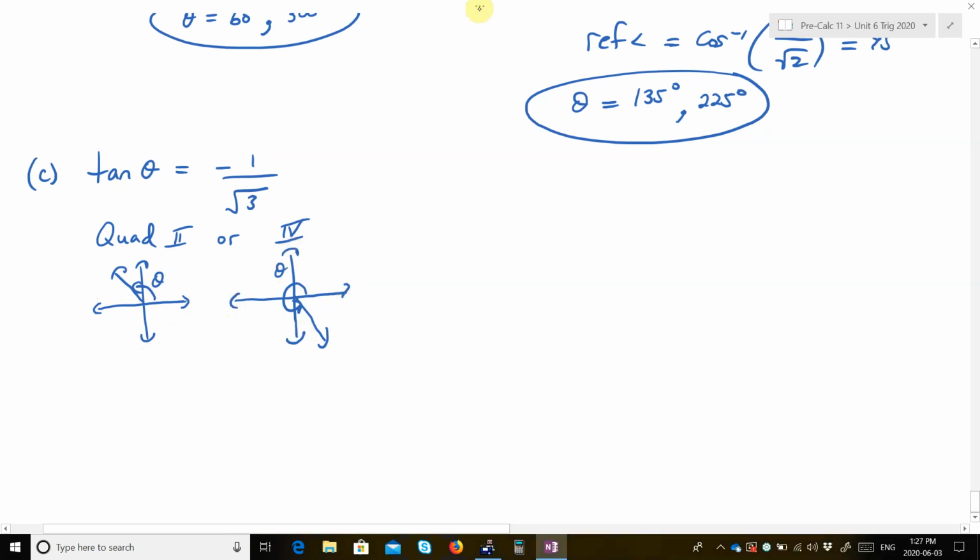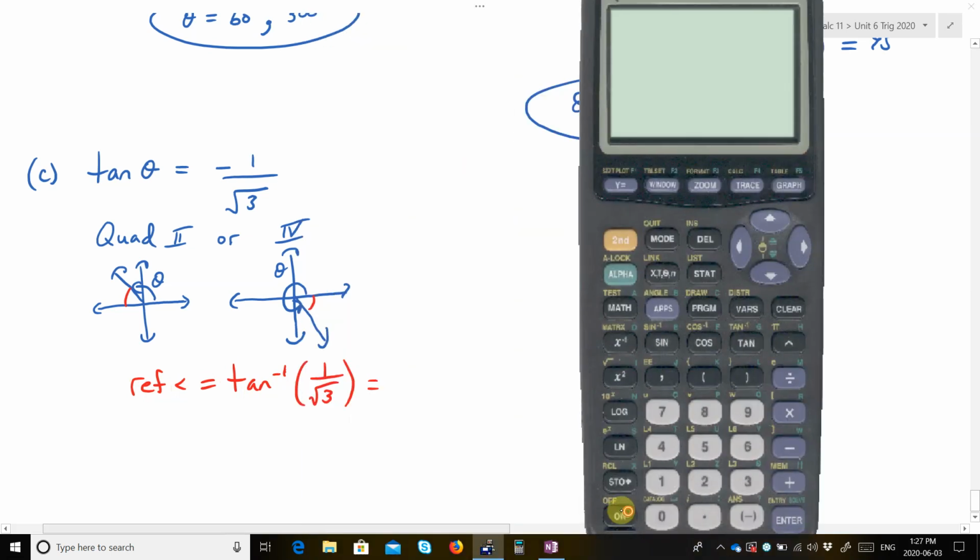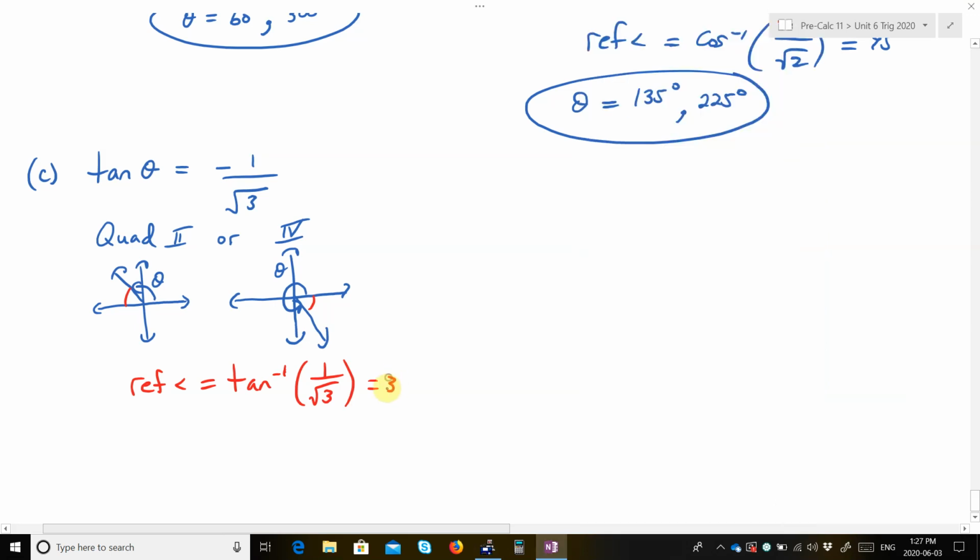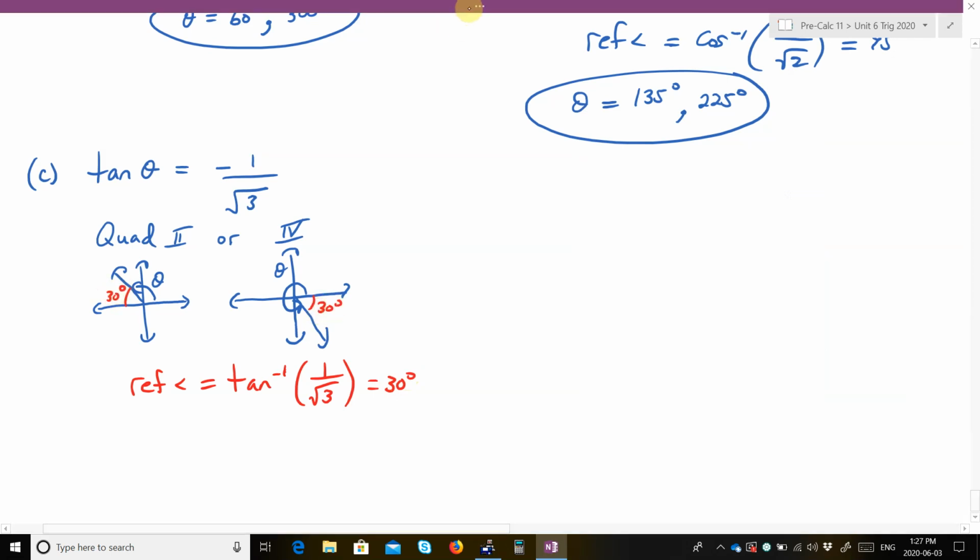Okay, and in order to find those two angles, we need to get the reference angle. The reference angle is here and here, and you would do tan inverse of the positive of that ratio. If we go shift tan 1 over root 3, we get 30 degrees. So this little angle here is 30 degrees, and this is 30 degrees.